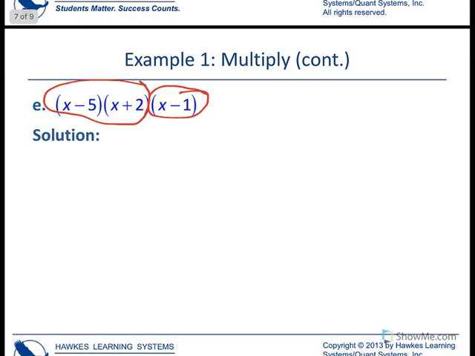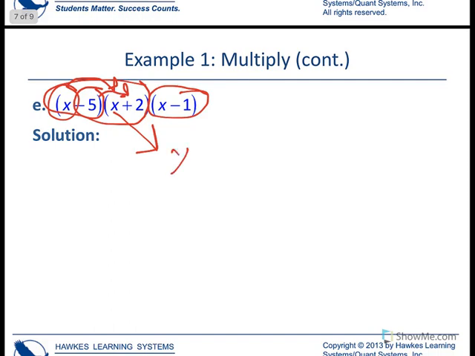Okay, so you're going to multiply these two together first, the same way that we did before. So I'm going to take this x and multiply it by this whole thing, and this negative 5 and multiply it by this whole thing.